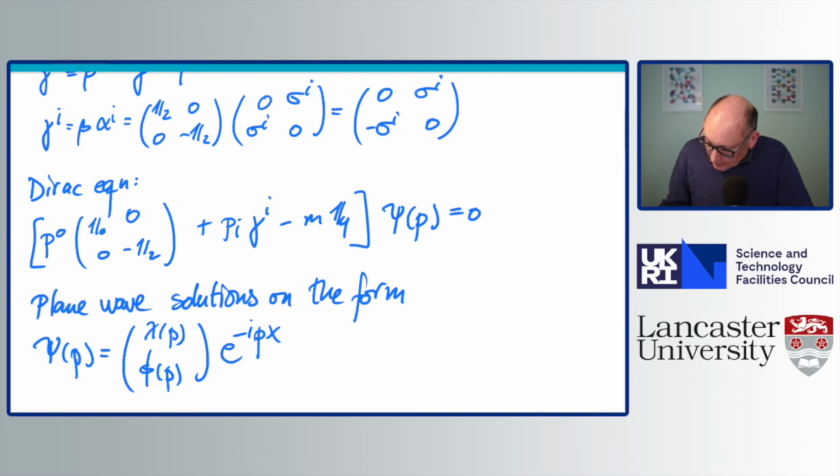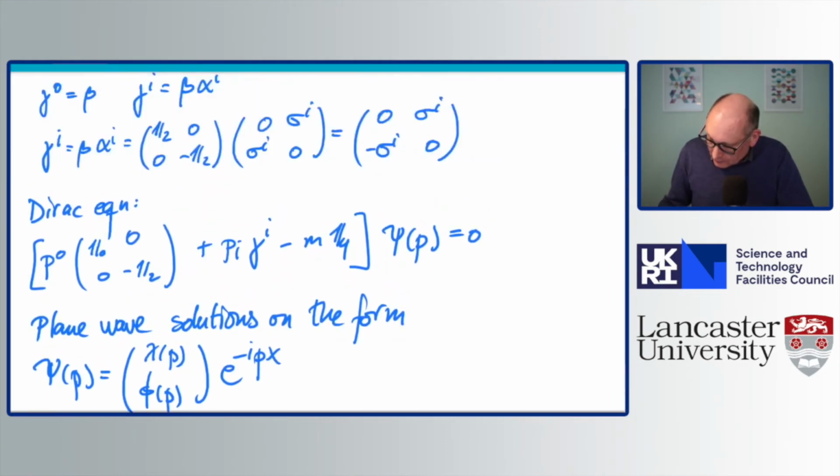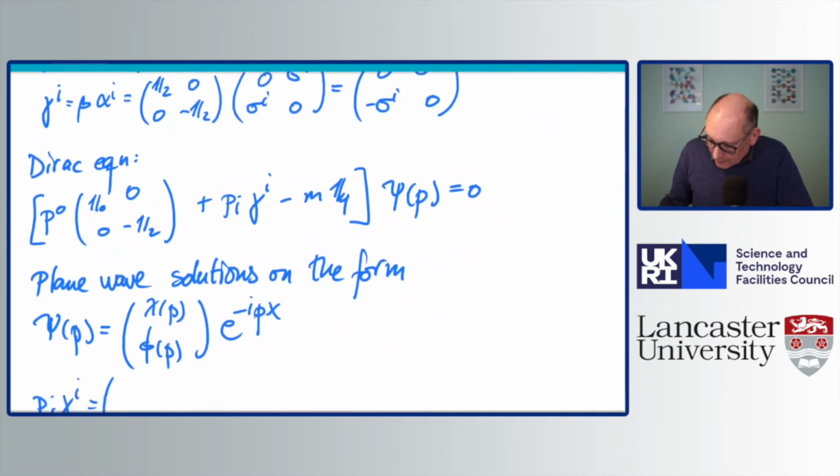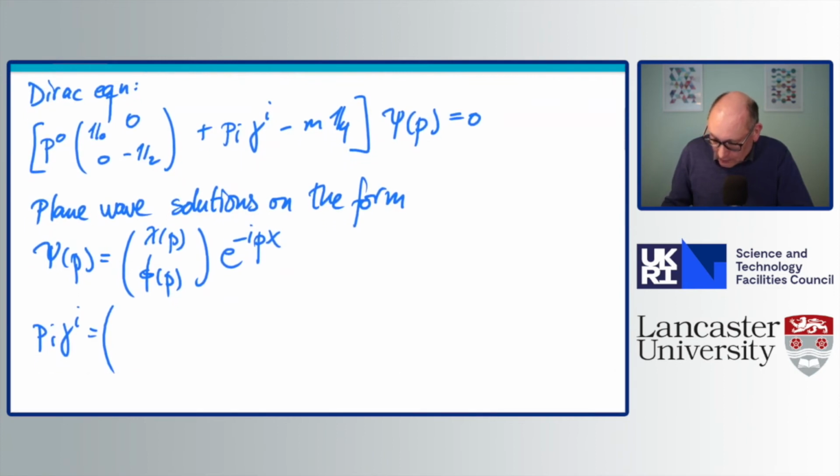Now, in this Dirac equation, we have to find now Pi gamma I. We just plug in what gamma I was, remembering here that gamma I is 0, sigma I, minus sigma I, 0, and of course Pi has a sign because I is lower, as the covariant vector.